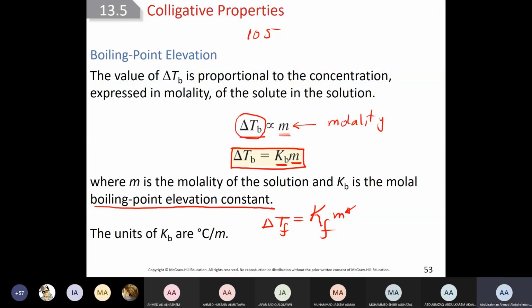In this case, what's m? It is molality also. What is delta TF? The difference between the freezing points of the solution and the pure liquid, right? Yes. What's KF?